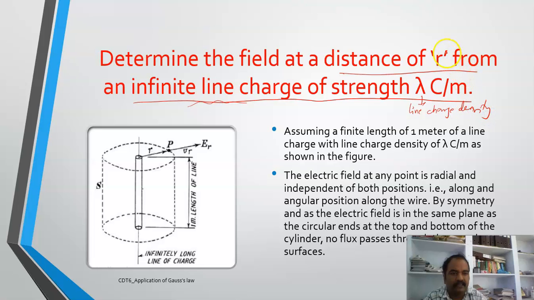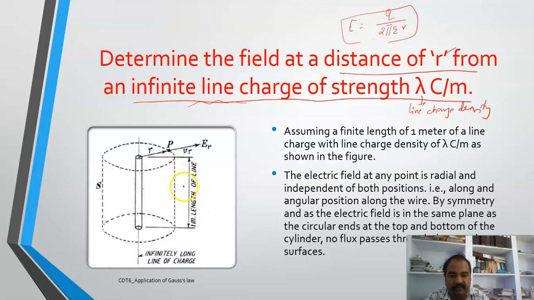I think we have already done this in the previous video lecture. For an infinite line charge, where lambda is the line charge density, at a distance r the electric field is lambda by 2 pi epsilon r. This was the formula. Now we will try to derive it with the help of Gauss's Law.